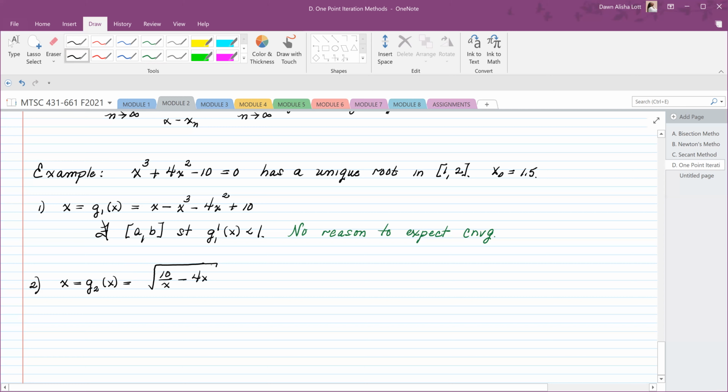What did I do with this one? Oh, I put 4x squared plus 10 on one side, and then I divided by x and took the square root.